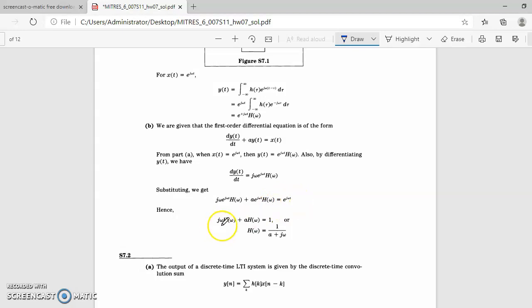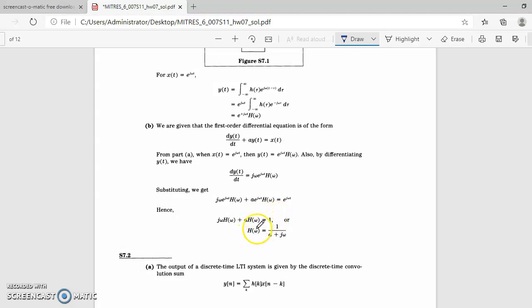Eliminating e power j omega t on both sides, we get j omega H of omega plus a H of omega is equal to 1.